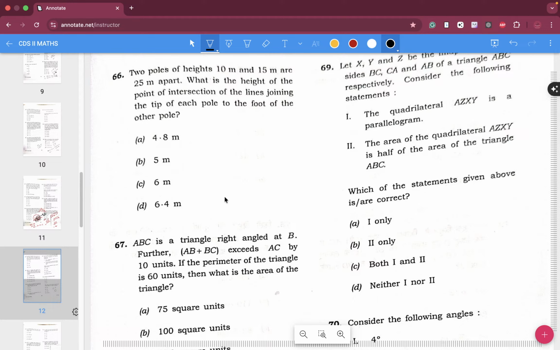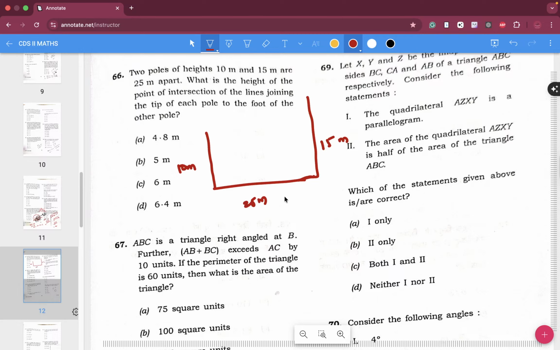So you are having two poles of height 10 meters and 15 meters over here, which are 25 meters apart.